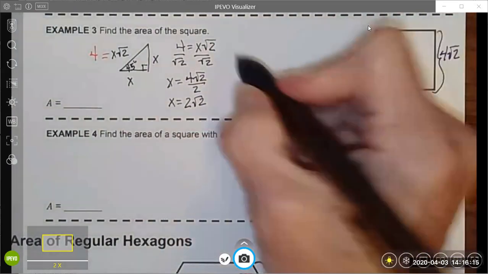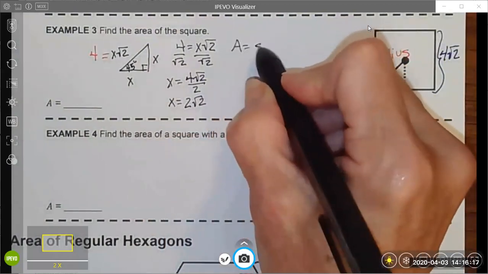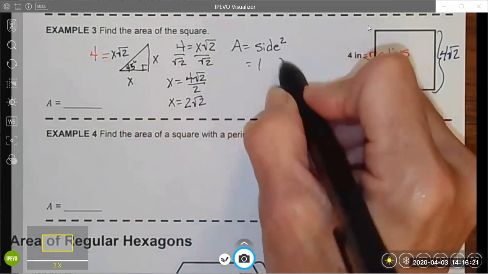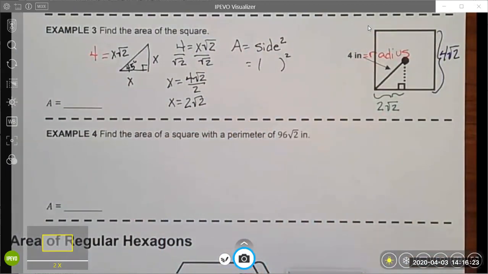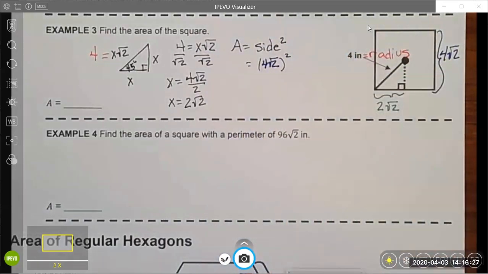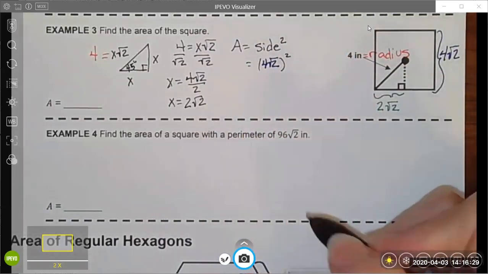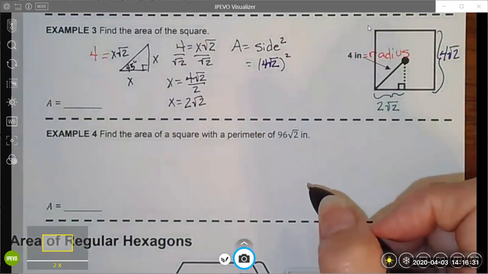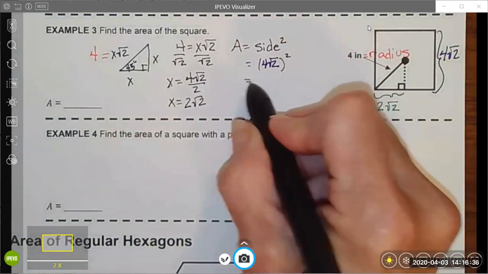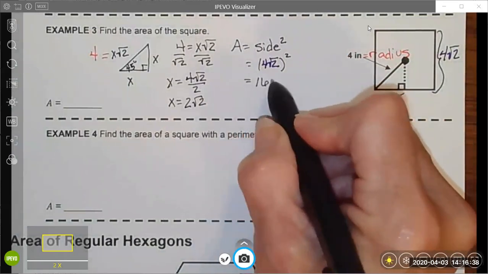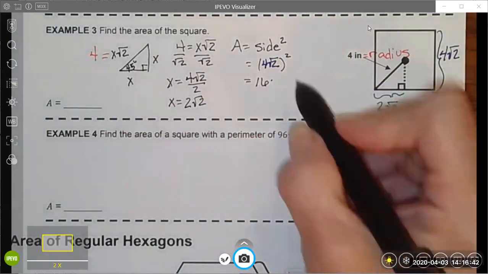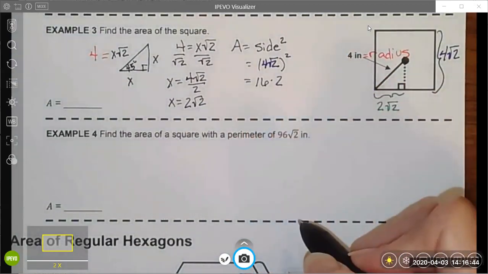If I want to find the area using the old school side squared formula, I now have enough information to do so. I substitute in the length of each side, and now I square that. When squaring, I need to make sure that I remember to square both the whole number and the radical. 4 squared is 16, and square root of 2 times the square root of 2 is the whole number 2.